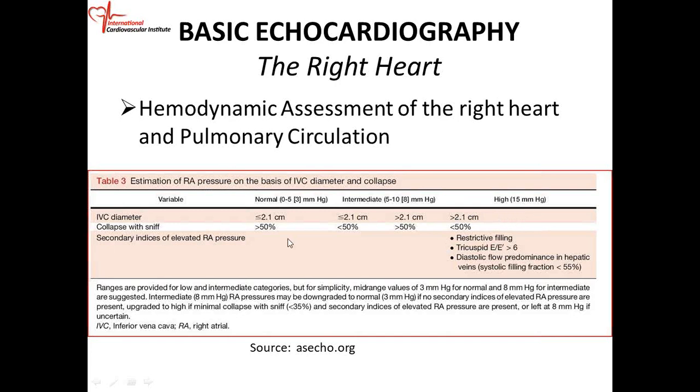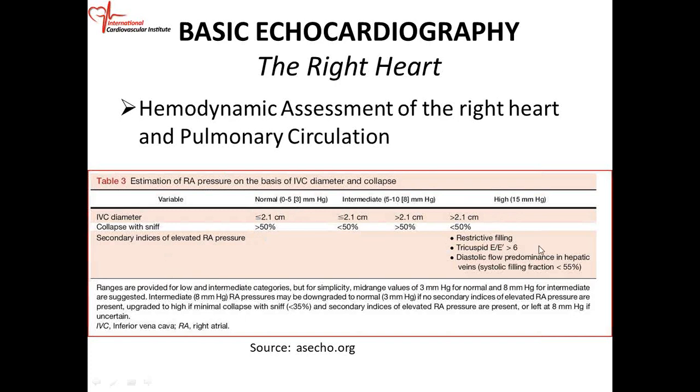With a normal right atrial pressure, the range is between 0 and 5, but usually we give 3. The IVC measures less than or equal to 2.1, and you have more than 50% inspiratory collapse. And anything that falls in between, we usually give the right atrial pressure 8 millimeters mercury, for a range between 5 and 10.